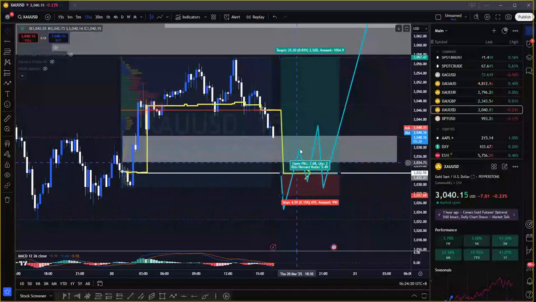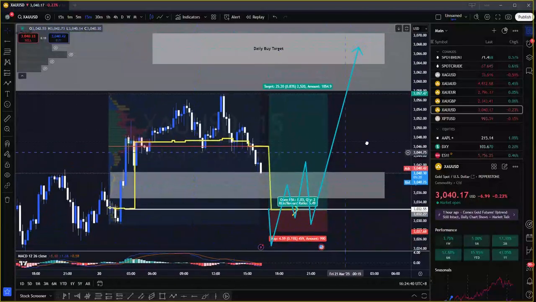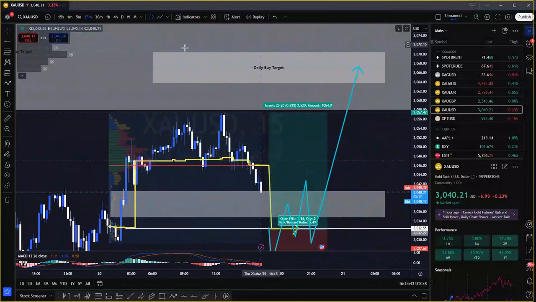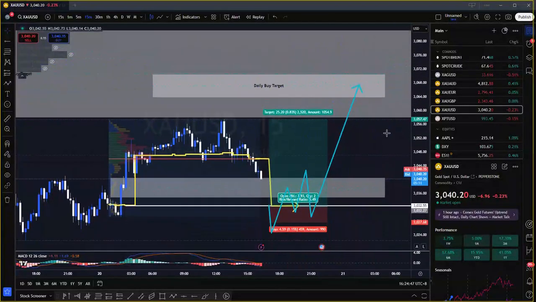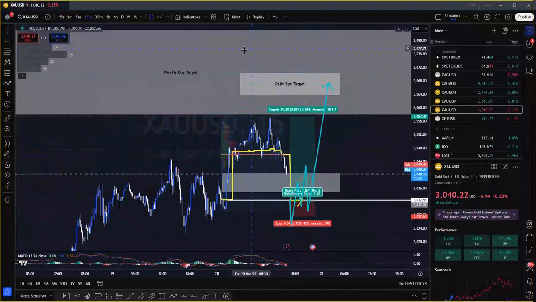Okay, and as it gets back up, we want to be entering in this position here, which coincides with our FOMC news announcement bias, and potentially the target will be this area here. Okay, this is the daily buy target, which coincides with our weekly buy target. So two things can happen.